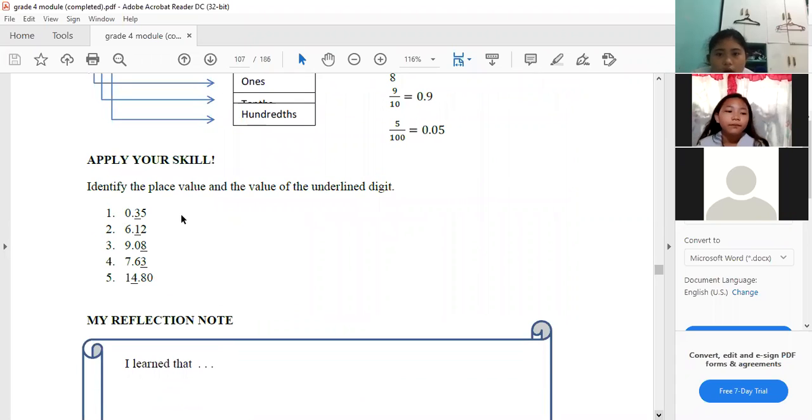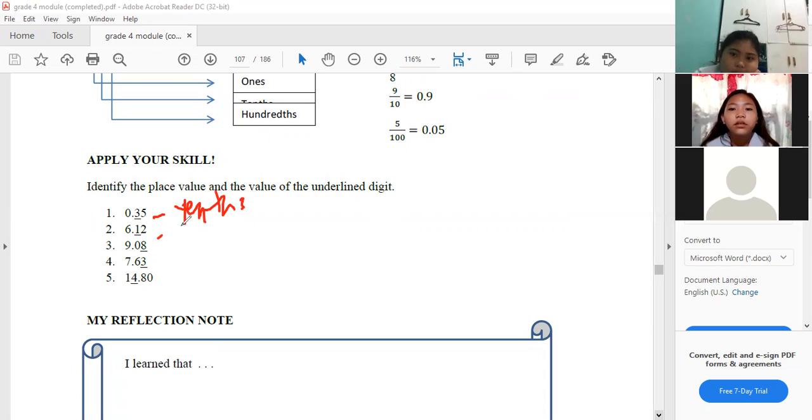Let's identify this one. For 0.35, the 3, what place value is that? Tenths. How about number 2? We have 6.112. Still tenths. Number 3? Hundredths. Take note, the spelling is the same, just add the THS.